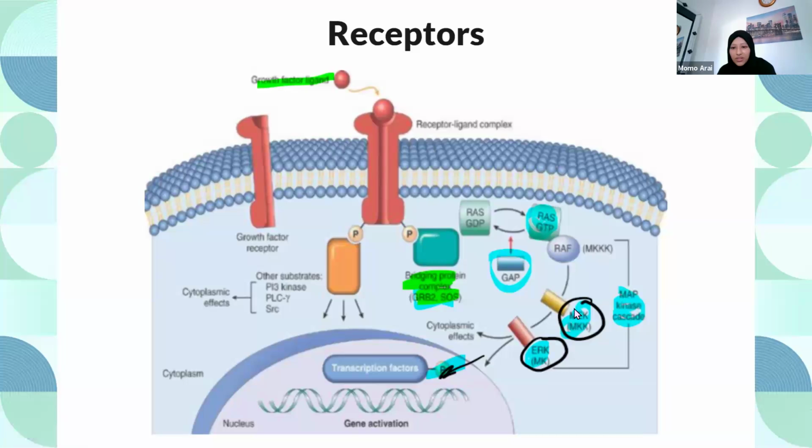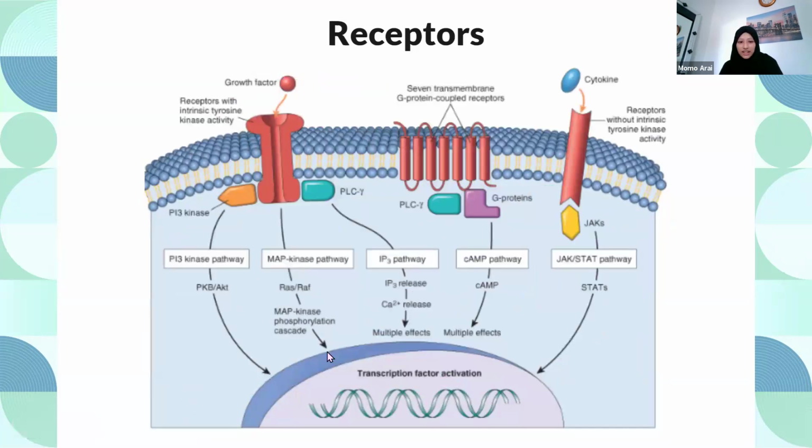For me, he never asks about these different kinases. No, he just wants you to know that the MAP kinase one is under the tyrosine kinase receptor, using RAS or RAF, these two signals. So that's the main thing. If you can remember that, that's good enough.